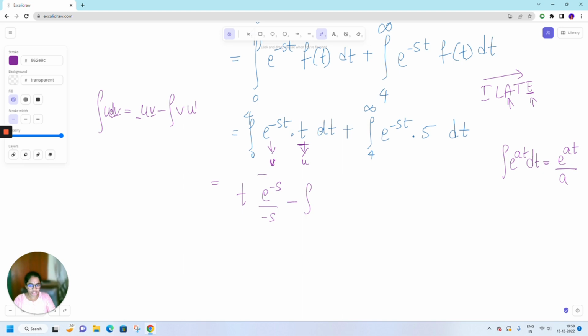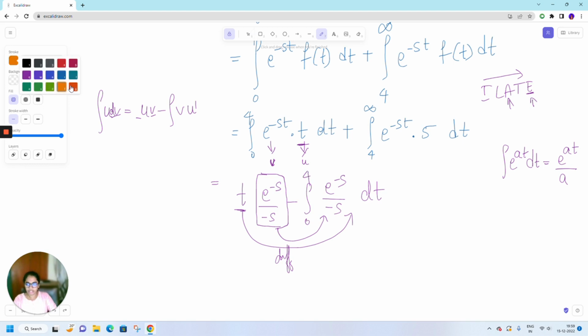Whatever you just integrated, you write it as it is, e power minus st divided by minus s. The other term, that is the u that you took, you differentiate it. What is the differentiation of t? It is dt. The limits remain 0 to 4.